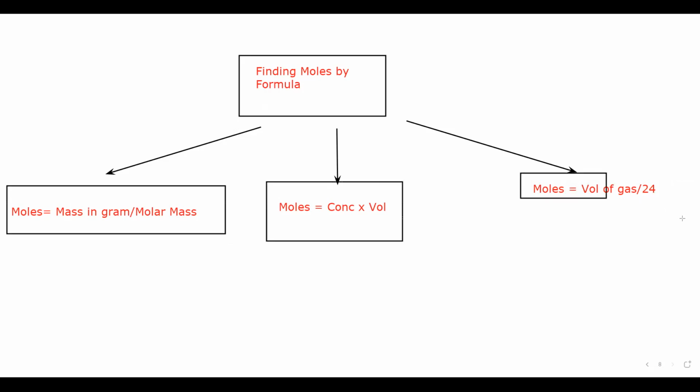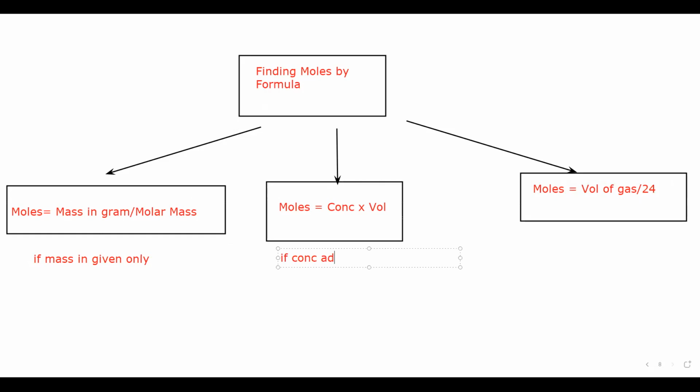So how do you recognize which formula to use? Number 1, if mass is given, then you will use the first formula. The second one, if concentration and volume are given, you will use the second formula. And the third one, if volume of gas is given, and the condition is the substance should be a gas.